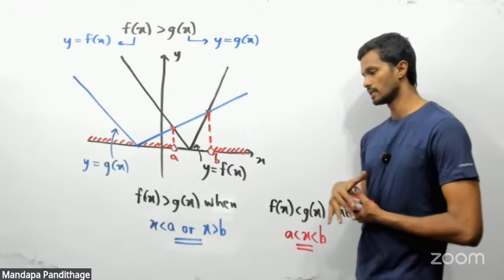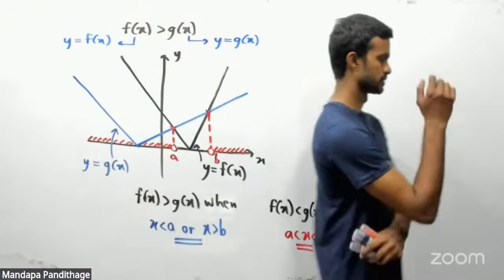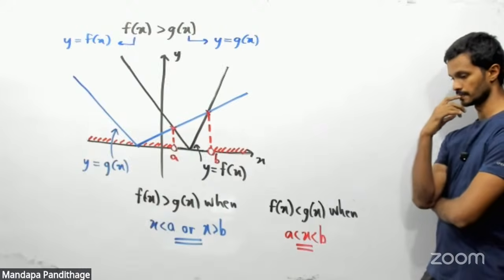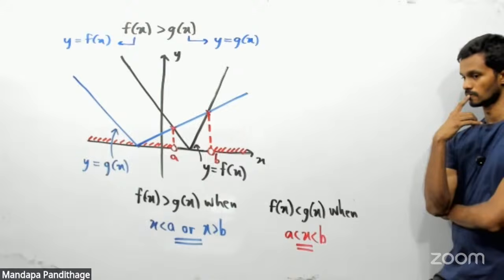Next, step number 2: find the x coordinates of the points of intersection of the two graphs.